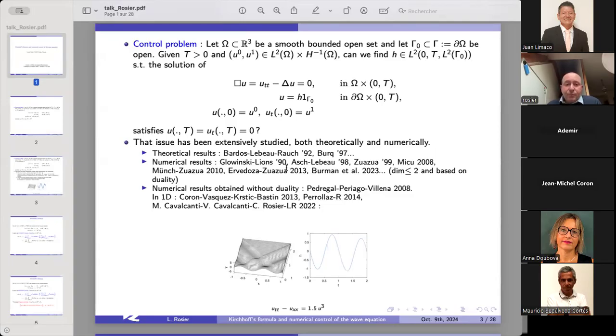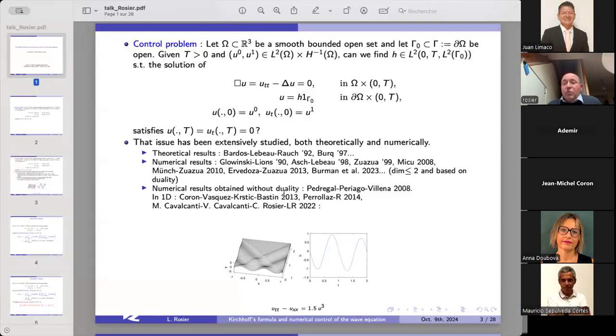But you also have results that are not based on the duality approach, due to Pedregal, Periago and Villena in 2008. Also in dimension 1, I refer you to the milestone talk by Jean-Michel just before. You can have a stabilization in finite time of a system of PDE in dimension 1.